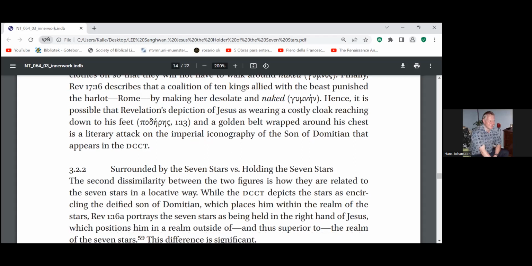Finally, Revelation 17:16 describes that a coalition of 10 kings allied with the beast punished the harlot, Rome, by making her desolate and naked.